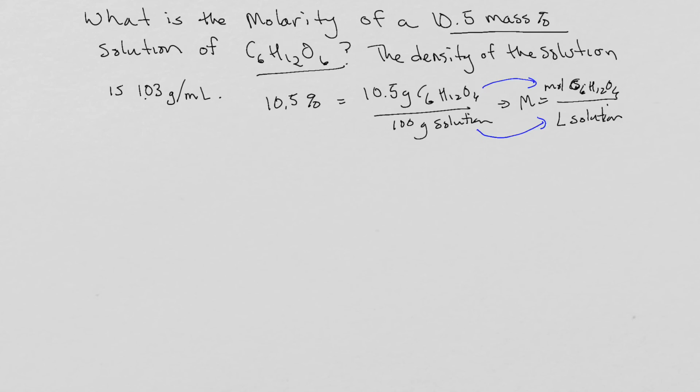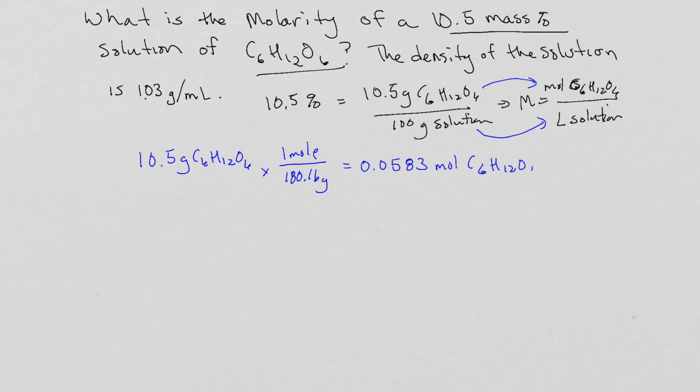So let's do the easy one first. That's 10.5 grams of C6H12O6. And we know that 1 mole equals 180.16 grams. And so if I do the math, that gives me 0.0583 moles of C6H12O6.